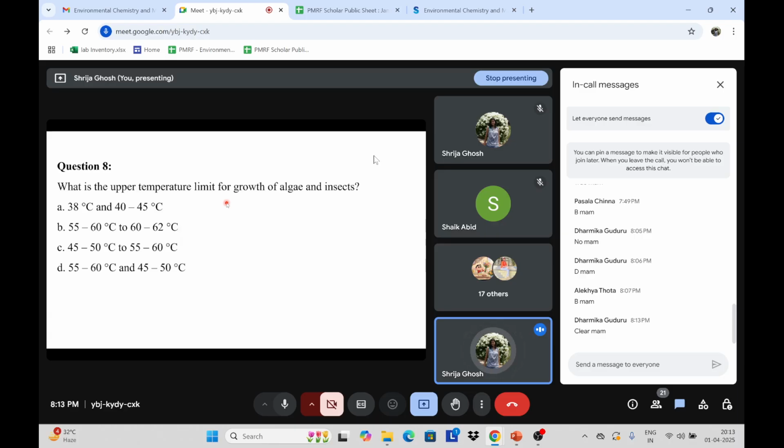Anybody knows the answer for this? This is very straightforward. It doesn't require any logic as such. If anybody knows the answer, you can write it in the chat box.